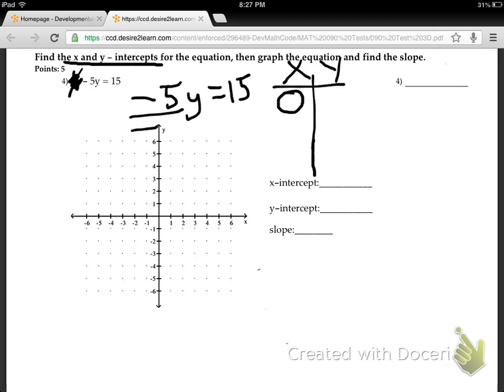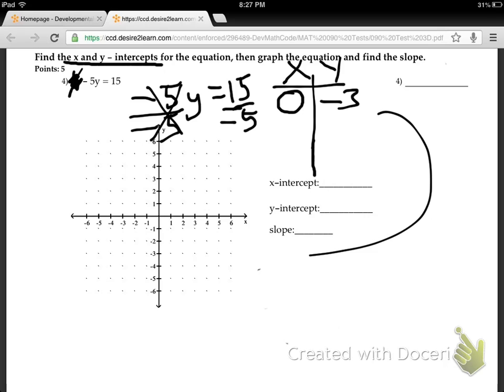If you divide by the number next to the letter, divide that by negative 5. Can you see that y equals negative 3? So when x is 0, y equals negative 3. I'm going to plot that right now. Okay, x is 0, y equals negative 3.